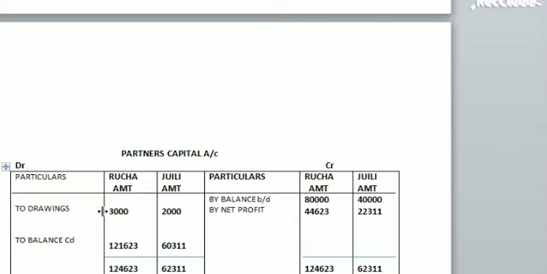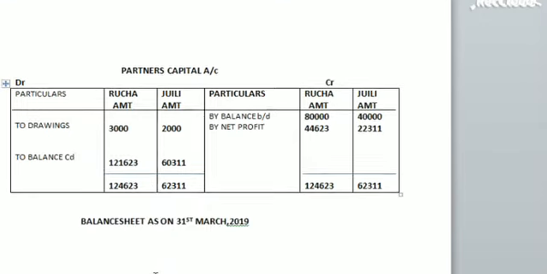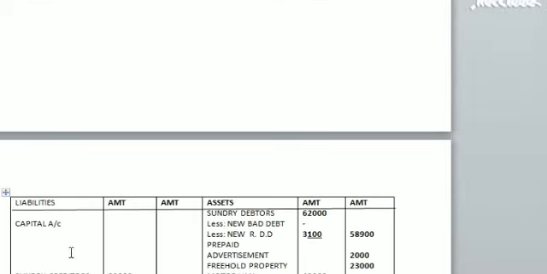Now this balance here we will bring in our balance sheet liability side. Balance sheet liability side here. Now we are going to write the names of the partners, Rucha and Julie.